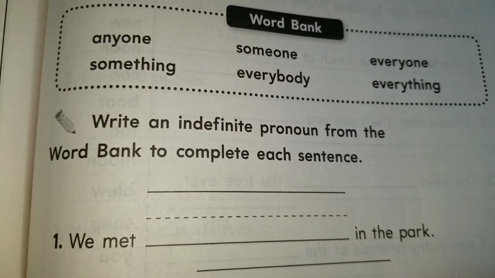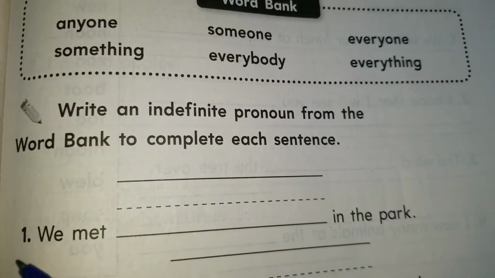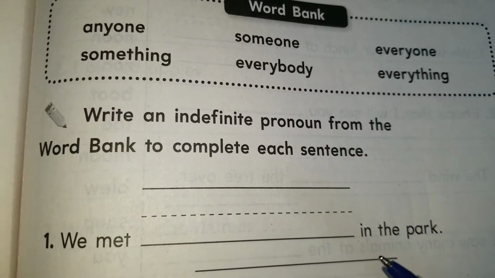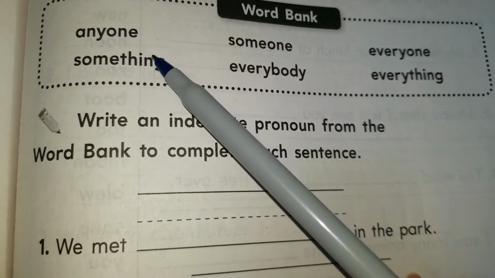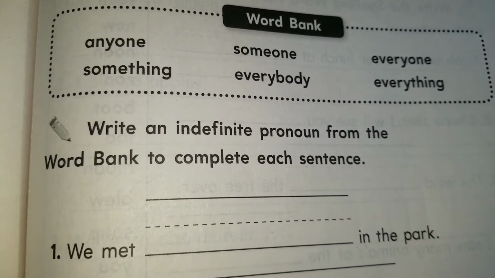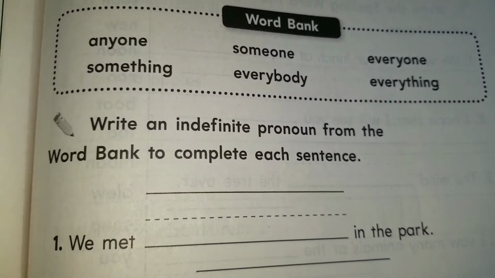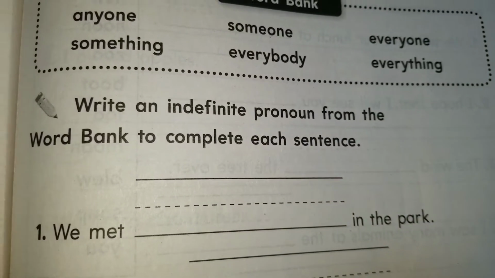I would say that we're looking for one to name a person. So which one do you think would complete the sentence best? We met anyone in the park? No, that one doesn't make sense, because it's like you're saying I didn't meet someone in the park. That's what it would mean.